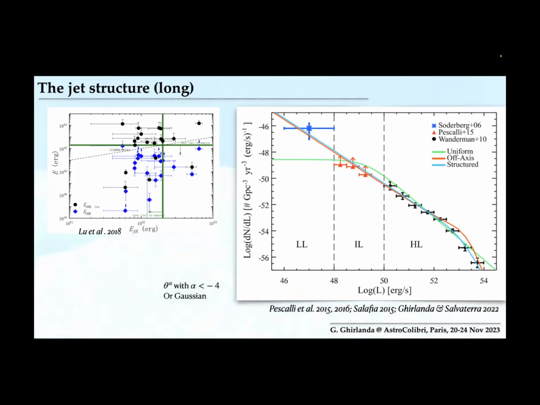So what is the interpretation? If the jet is structured, we can somehow ascribe some of the diversity that you observe in GRBs to orientation effects. So I see the jet under a certain angle, and it is randomly oriented in the plane of the sky. And naturally, you may imagine that the more I see along the axis, the more powerful a source I see. When I go off axis, due to relativistic beaming, I see a softer and less luminous source.